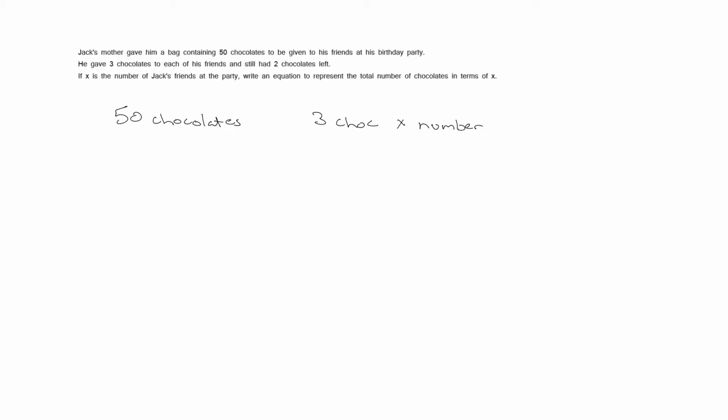Number of friends. Right, and when he's given 3 chocolates to each of his friends, he still has 2 chocolates left over. Okay, so this is another fact, it's going to be 2 chocolates left over.